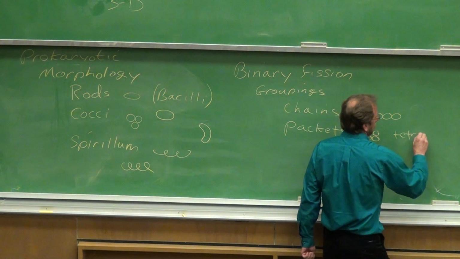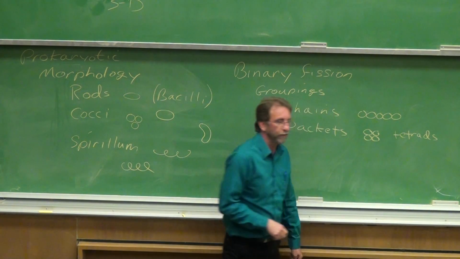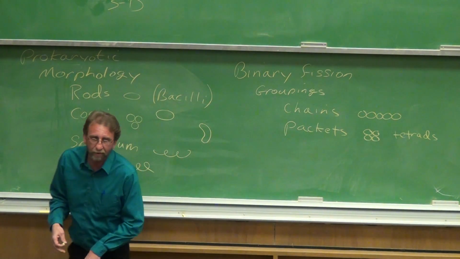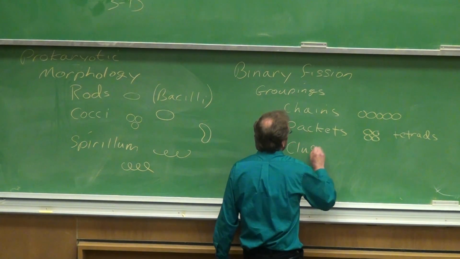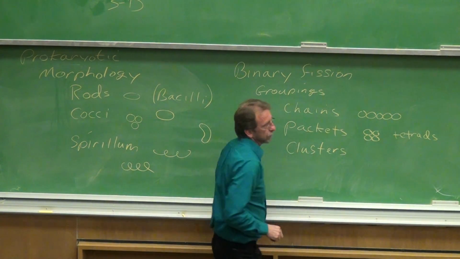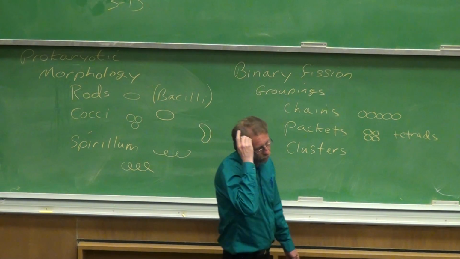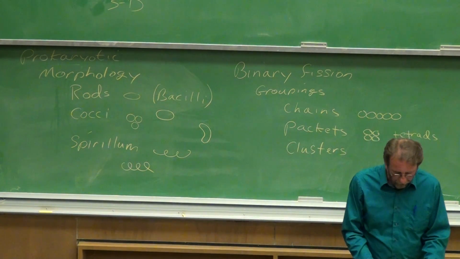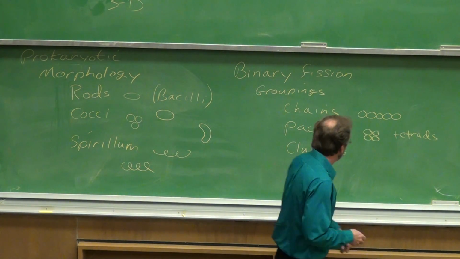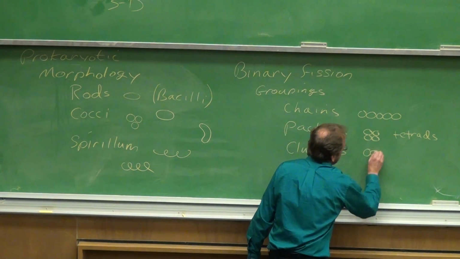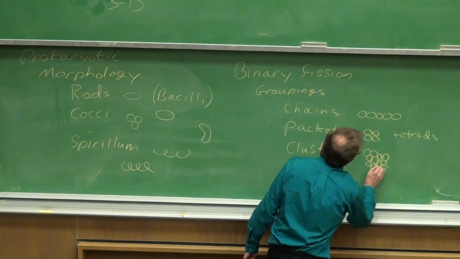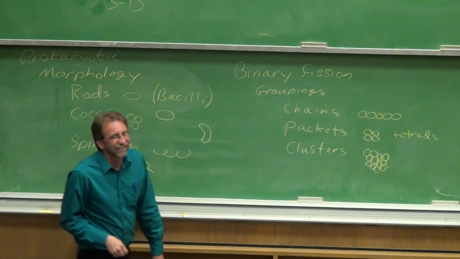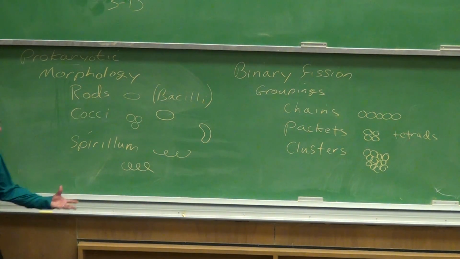Tetrads, a lot of times cells will come in groups of 4, sometimes they'll come in groups of 2. And then you can also get clusters, where the division planes are random, and so what you see are groups of cells that look like bricks. You get these clusters there.